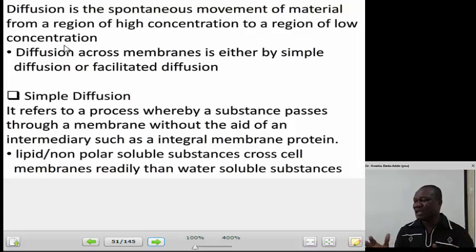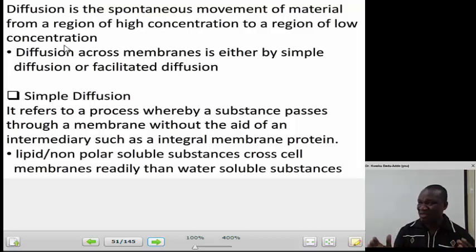Now, diffusion across membranes can be simple or facilitated. We're going to look first at simple diffusion. Simple diffusion is where substances pass through the membrane without being aided by any integral protein.